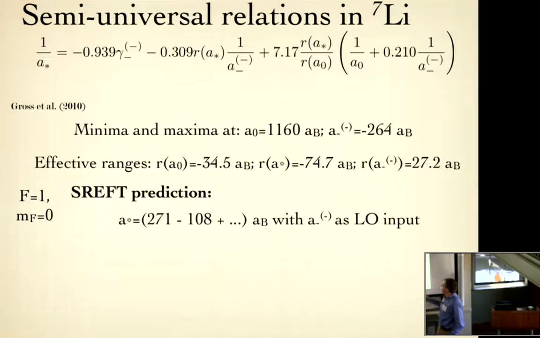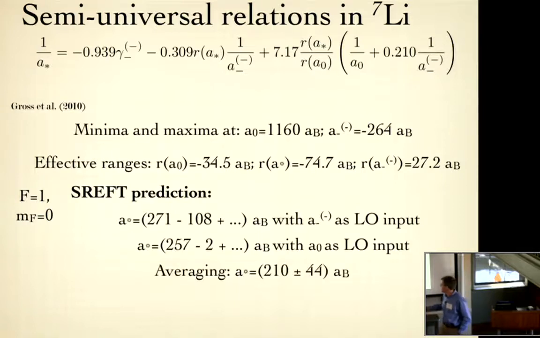So we plugged those into this semi-universal relation and obtained this prediction for A star if we use the recombination maximum as our leading order input. We obtain this prediction if we use the minimum as our leading order input. And so by averaging these and taking the difference as a measure of the uncertainty, we have this prediction for the atom-dimer resonance.